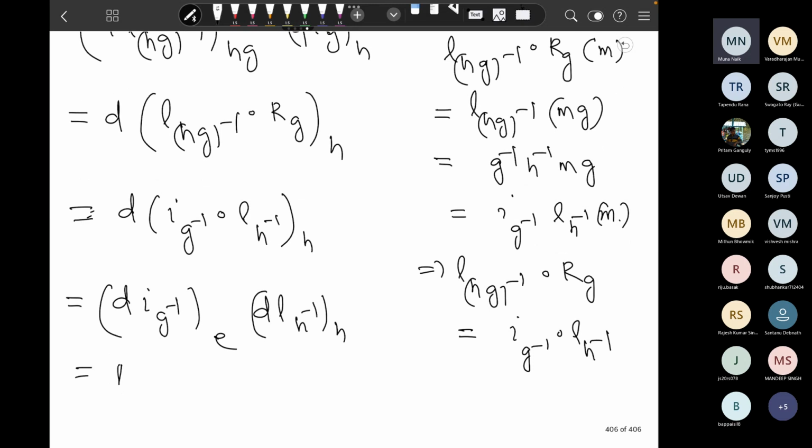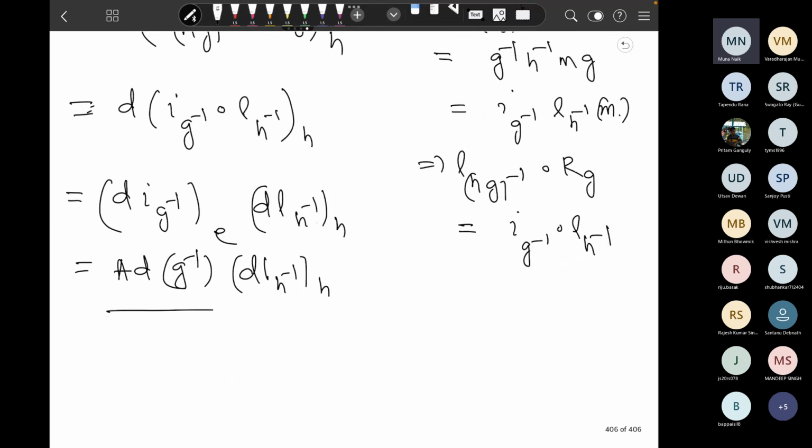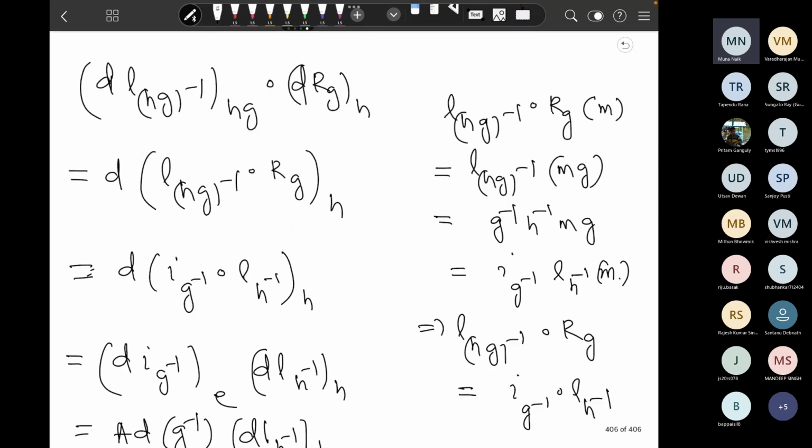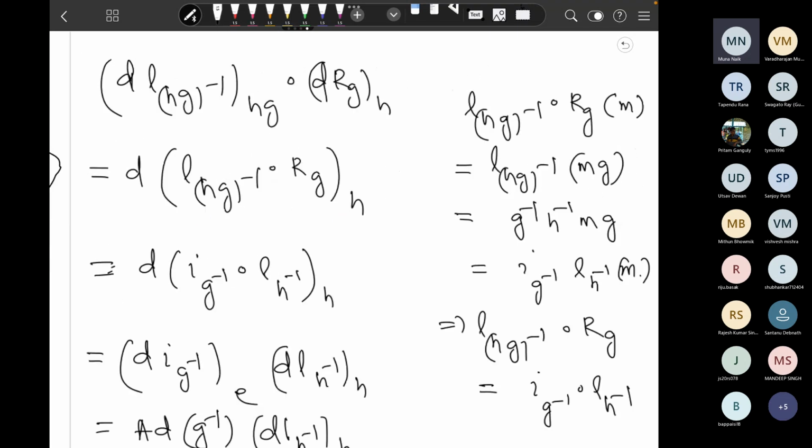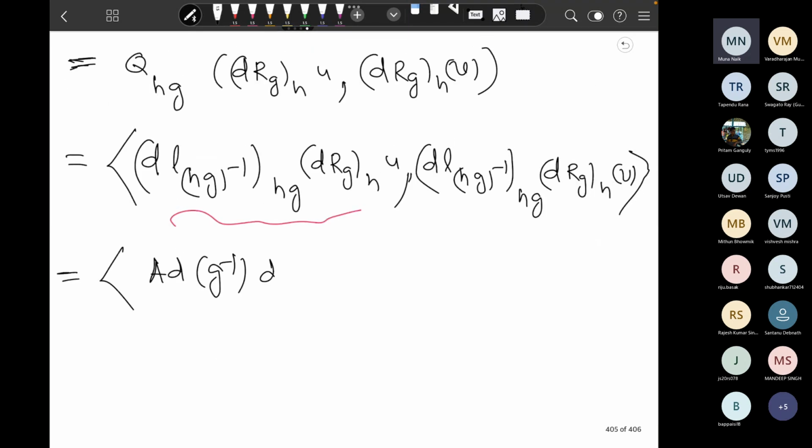So this is really Ad_{G^{-1}} of D L_{H^{-1}} at H. Remember this term, Ad_{G^{-1}} D L_{H^{-1}} H. So I have to put it here: this is equal to Ad_{G^{-1}} D L_{H^{-1}} H.